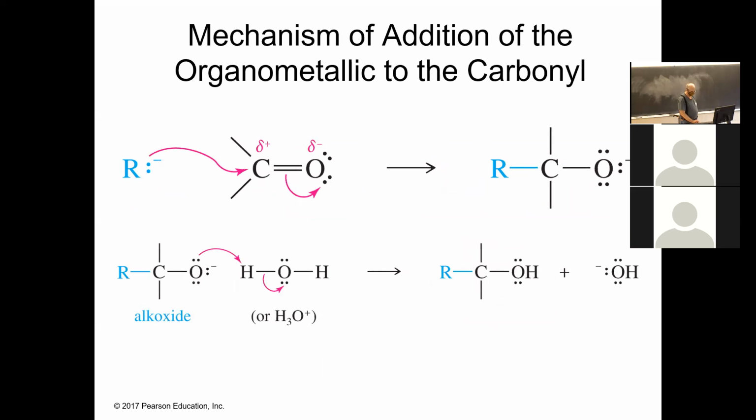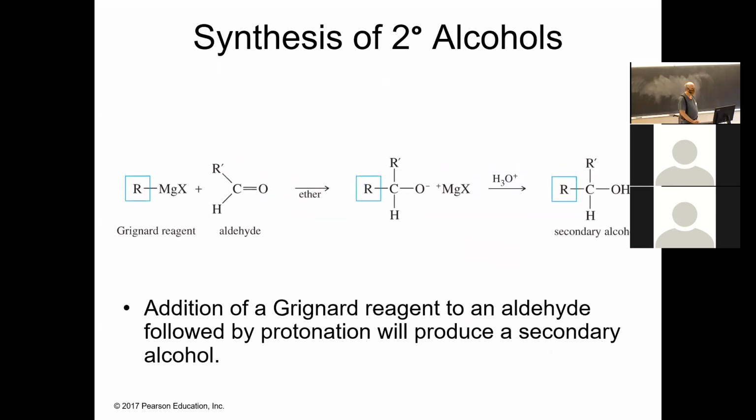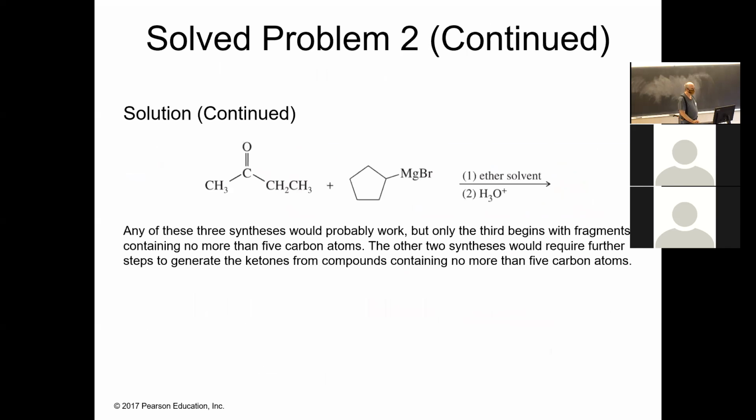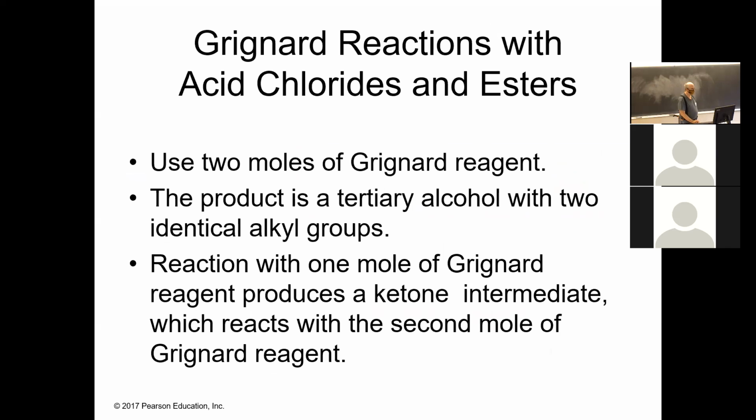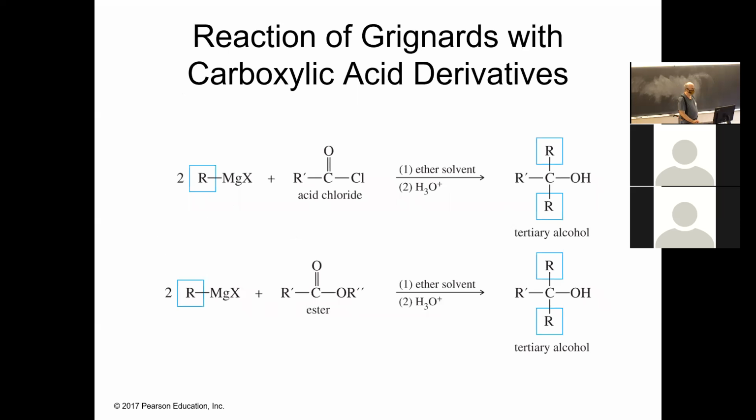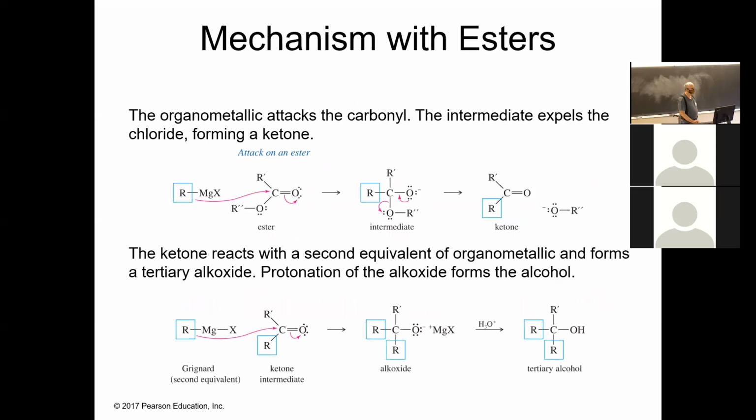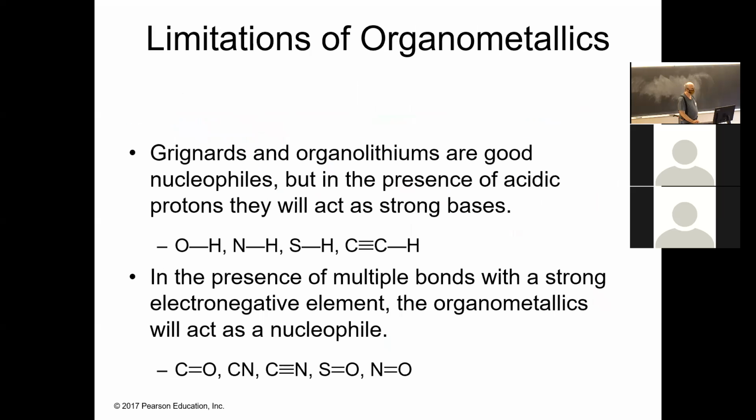Okay, some of the limitations of Grignard reagents, we'll come back to esters and acid chlorides. Some of the limitations include we have to be very careful to exclude water.